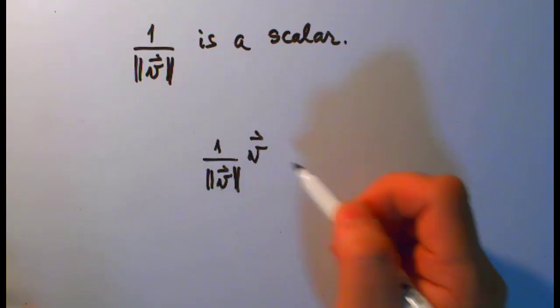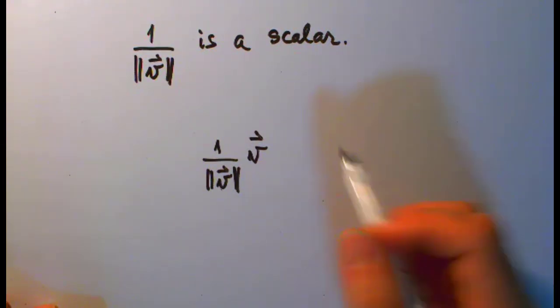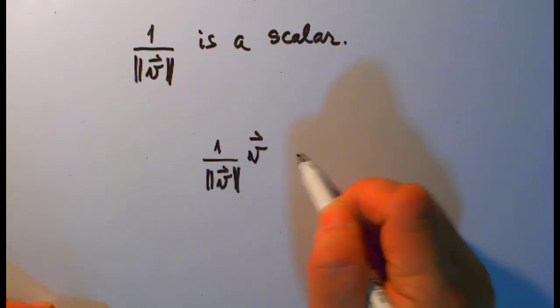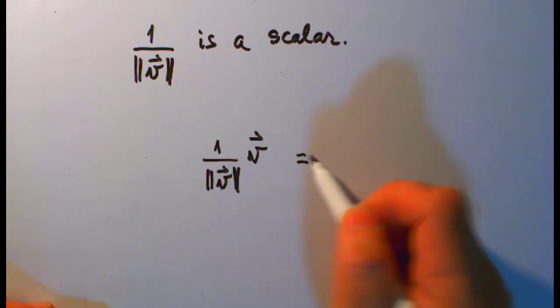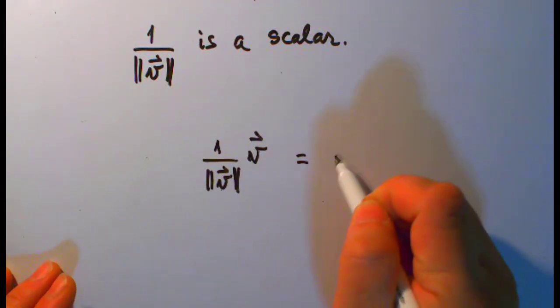Then doing this actually is going to make the vector shorter. Let's call this some new vector. Of course, it's not the same vector as v anymore. It's shorter, but we're going to call it a vector u.